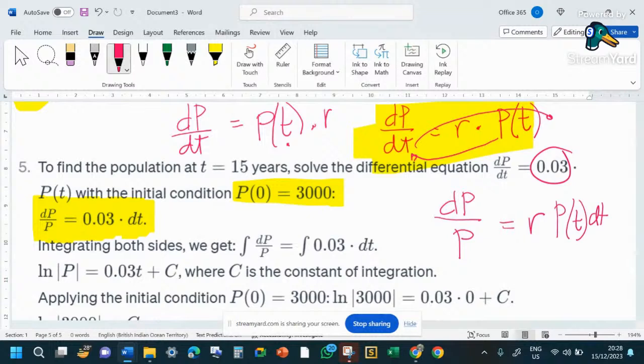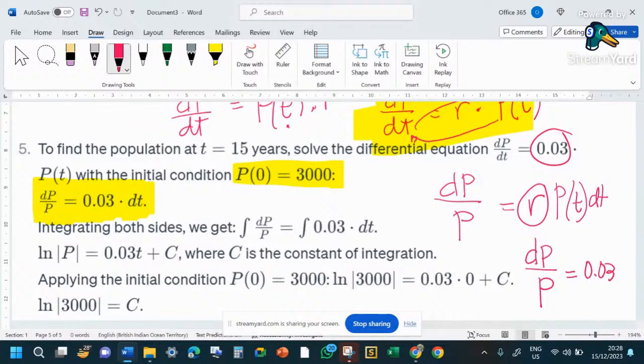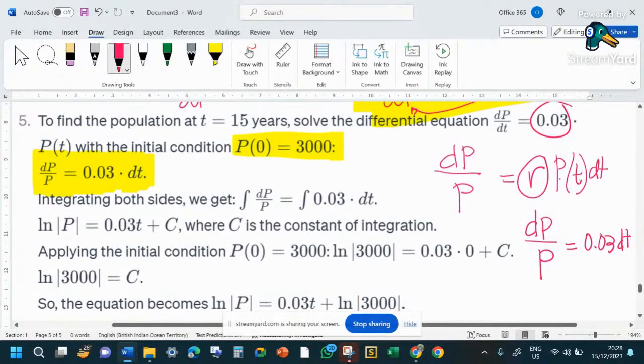But what is R? R is 0.03. Okay. So dP over P will be equal to 0.03 dt, but we have P at 0 will be 3,000. Let's just take that aside for the time being and do the integration. We integrate this and we integrate that.